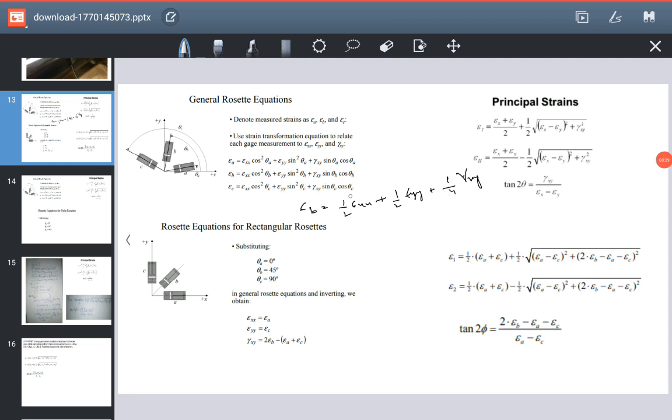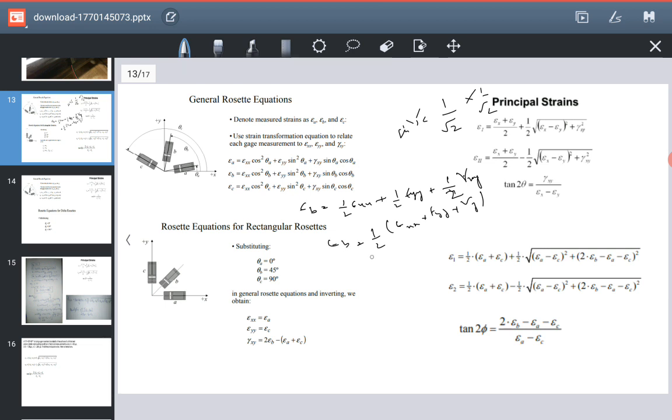Alright, sorry. This should be 1 upon 2 because sine of 45 is 1 upon square root of 2. So 1 upon square root of 2 multiplied by cos 45, which is also 1 upon square root of 2, it will be 1 upon 2. So 1 upon 2, 1 upon 2, and 1 upon 2, x, y, and gamma xy.